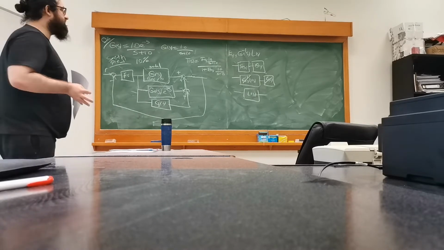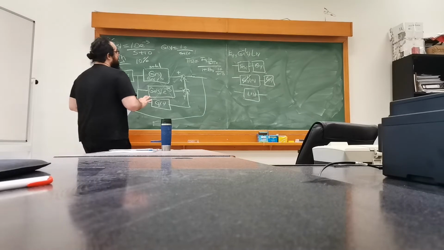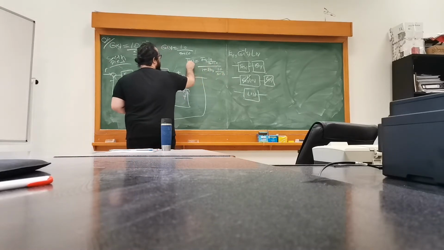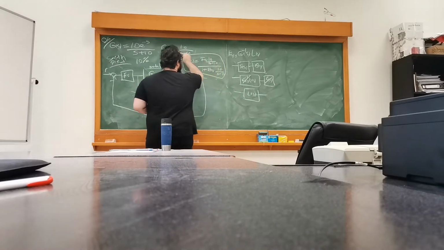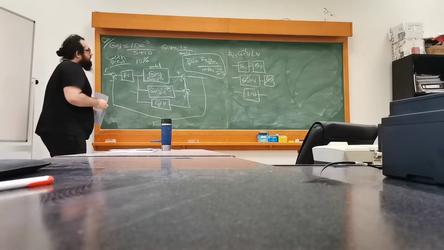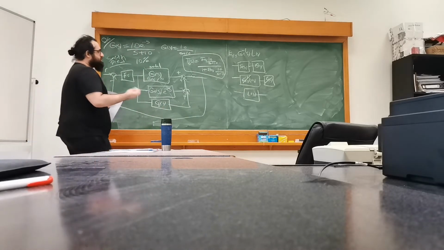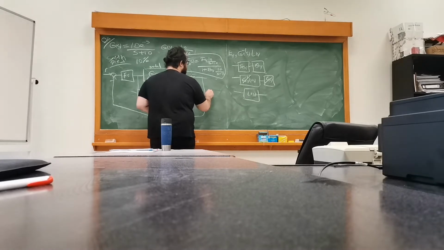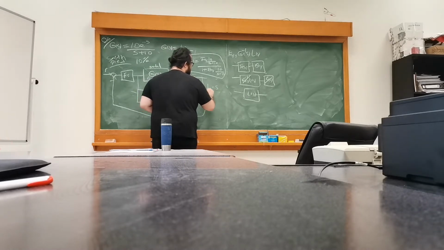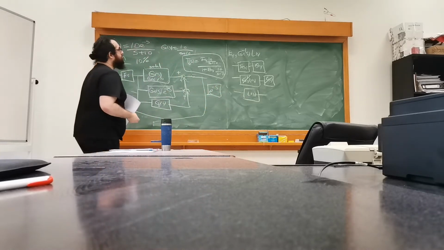Actually not quite, because we will still have a certain delay part, but we will basically design this closed loop. And our actual closed loop system will have e to the power of minus s in this case.